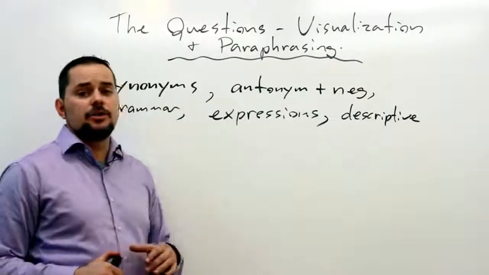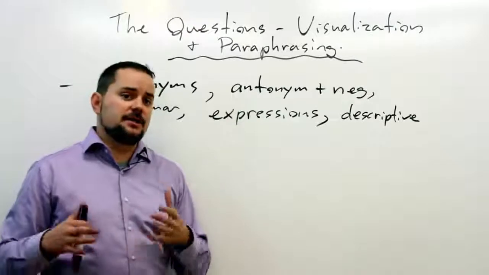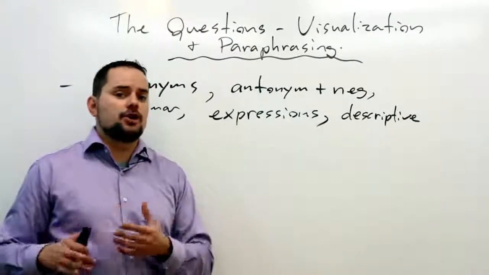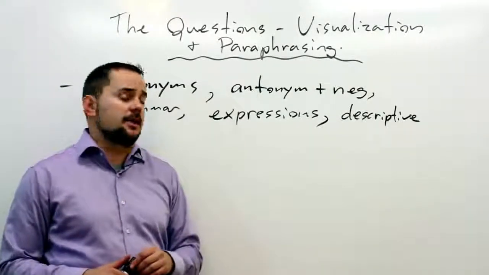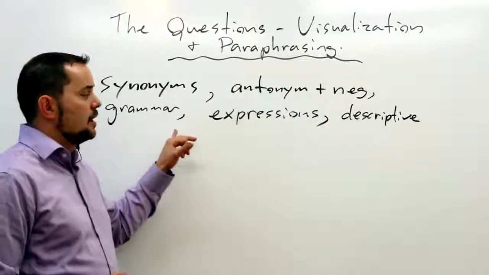Now, IELTS examiners use all of these different types of paraphrasings to test your knowledge. When you practice these, when you can recognize these, for sure you're going to improve your score, and this is very true for the yes, no, not given, or true, false, not given types of questions.